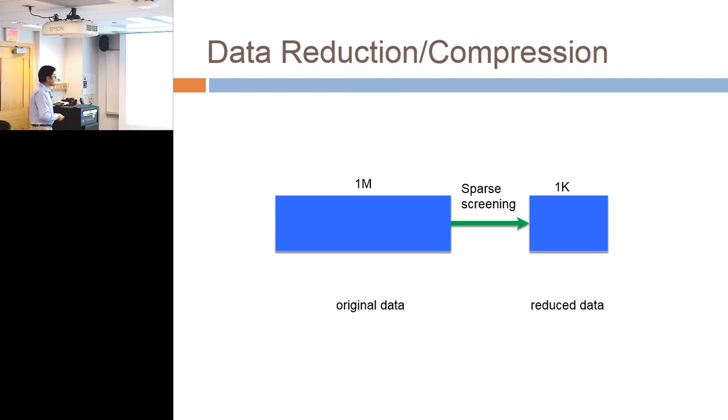So let's think, if we can pre-identify the features that are irrelevant to the output, then we can throw away those features and obtain a significantly reduced data set. Then we may be able to apply any solver on this reduced data set, and we can get essentially the same model.